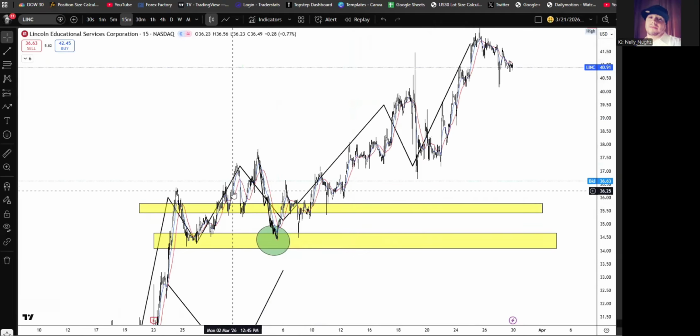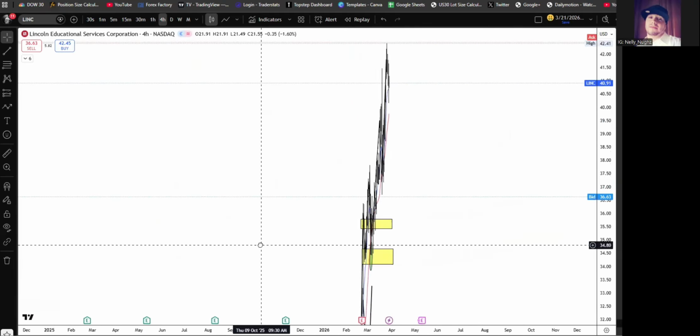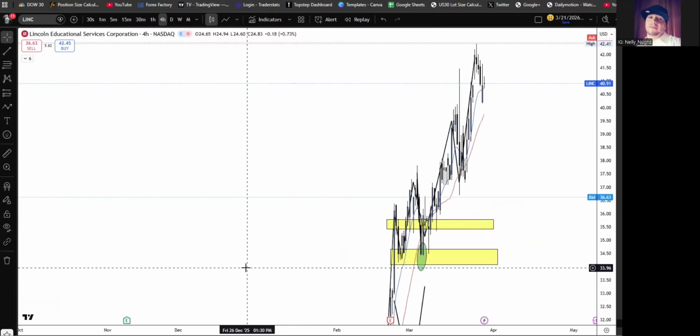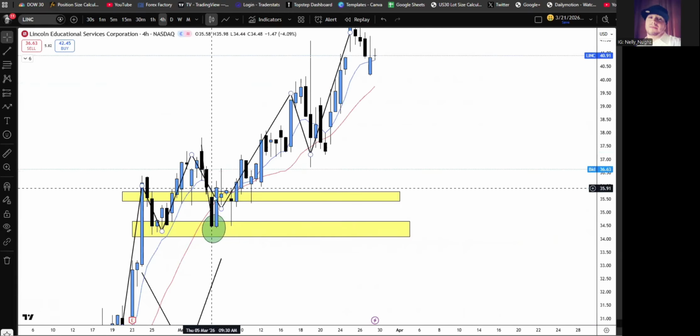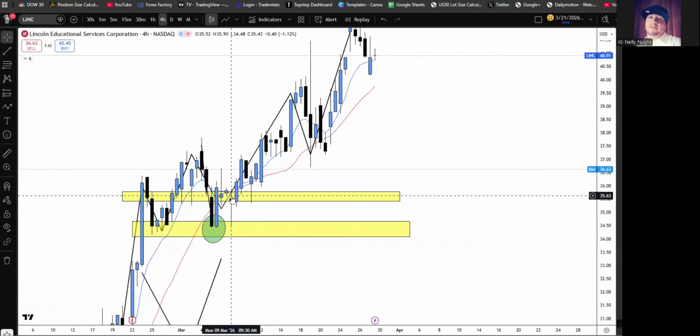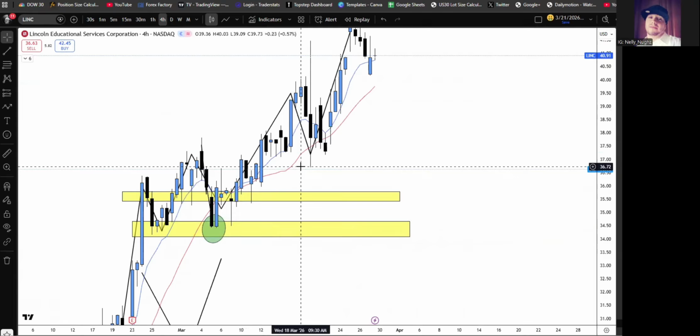So let's go back to where we could have seen possibly some more entries. At this point, let me see. Boom, boom. So we came up here, came down, and then we got a little bit of choppiness, but then it eventually went higher, right?